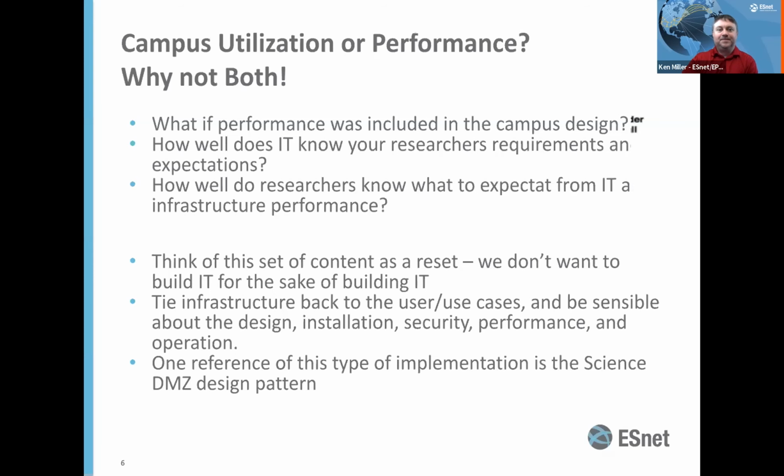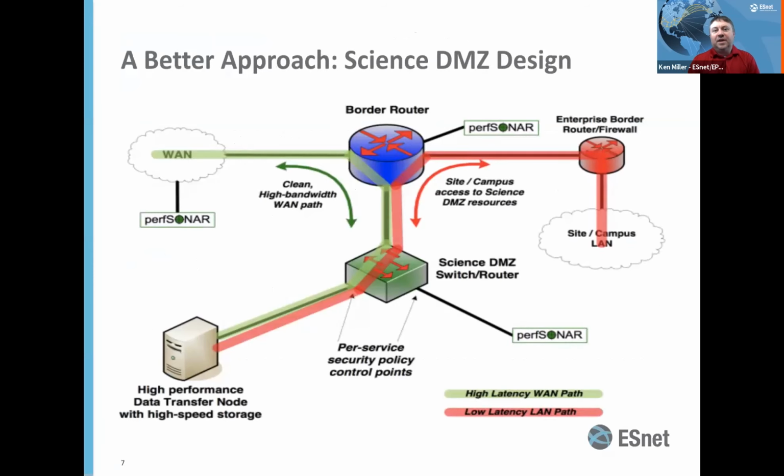So the Science DMZ design, if you haven't seen this before, otherwise many people have probably seen this too much, the design pattern is out there where for a large transfer to and from campus, you can put a high performance data transfer node, either with local storage or connecting back to additional storage on campus, that is really isolated down to only do the transfers to and from the endpoints necessary, or to and from the applications, via security controls.